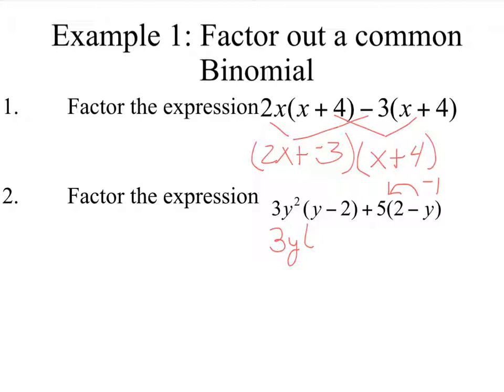So the 3y and y plus -2 is going to stay the same. That 5 is going to become negative. That 2 that was positive lost a negative, so it's negative. And this y that was negative lost a negative, so it's now positive. And you'll notice my two parentheses do now match, even if they are in reverse order. As long as the same pieces are always there, we're good.